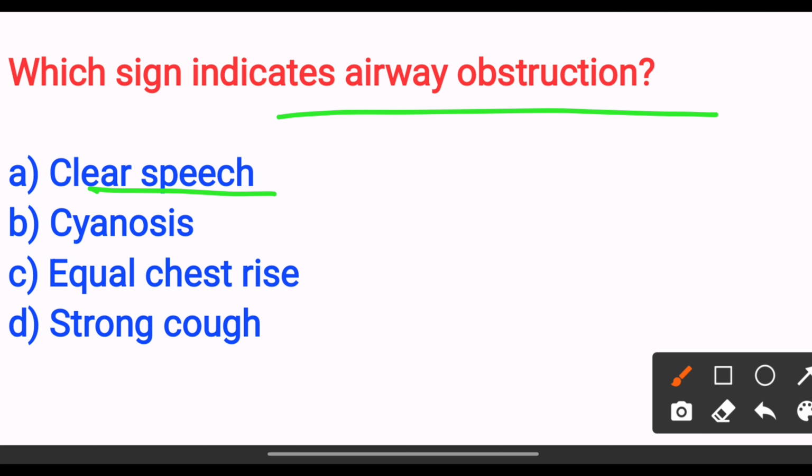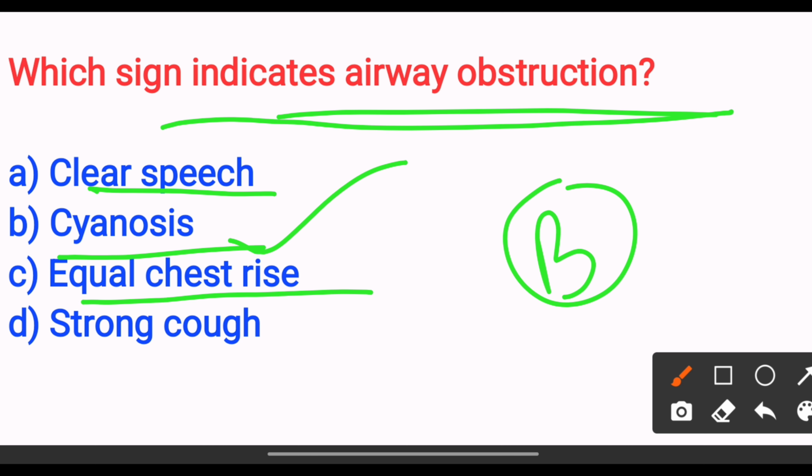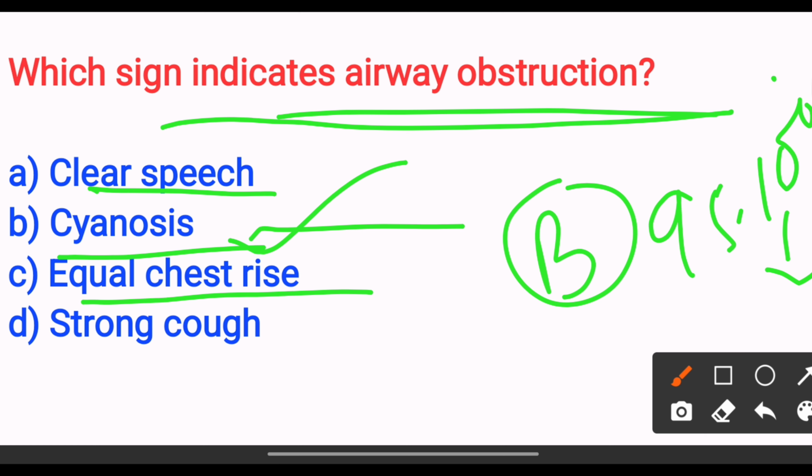Option A, clear speech. Option B, cyanosis. Option C, equal chest rise. Option D, strong cough. The answer is option B, cyanosis. The sign indicates airway obstruction when the oxygen level is low. The normal oxygen saturation level is 90 to 100. When this goes down, it causes what is known as cyanosis.